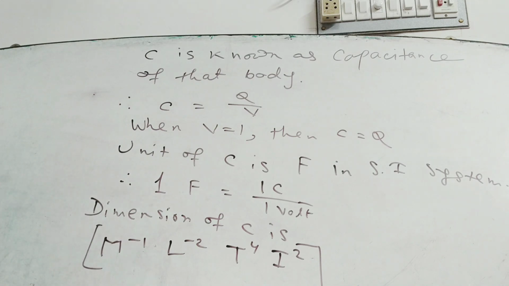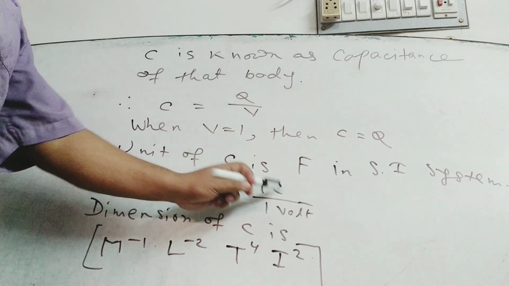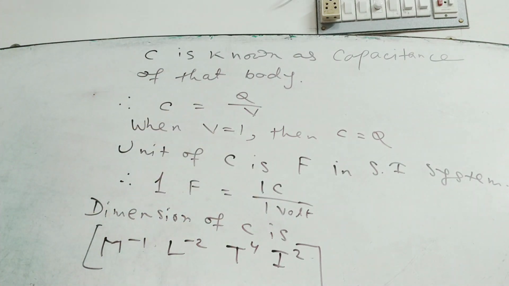You already know the dimension of coulomb and the dimension of volt. The unit of capacitance in the CGS system is statfarad or ESU.